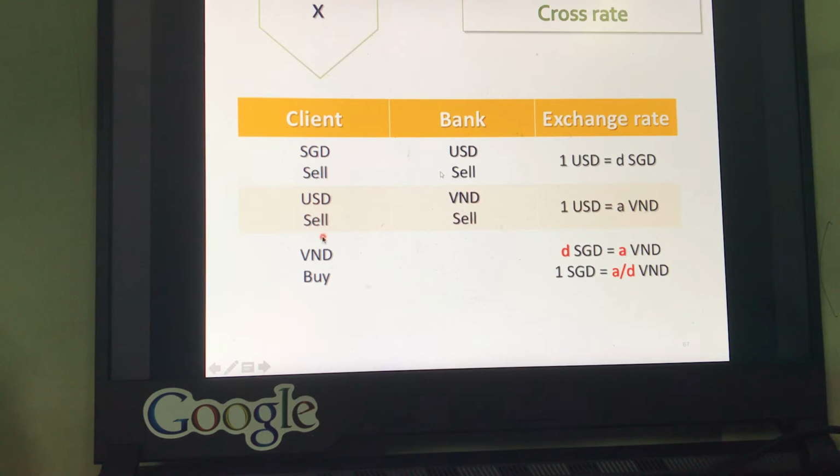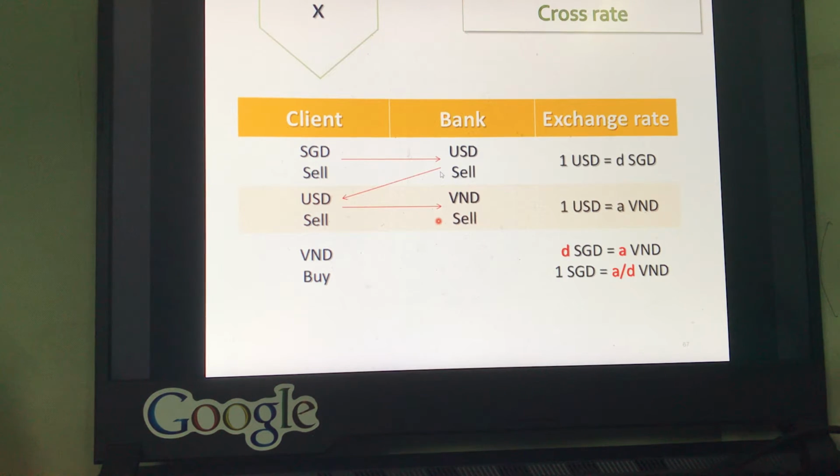In the second transaction, the client holds the USD in hand, right? Then the client will sell the USD to the bank, okay? And in return, the bank will pay the VND, okay? Because in the exchange rate of the USD against Vietnamese đồng, USD is the commodity currency, VND is the term currency, and in this transaction, the bank buys the commodity currency.